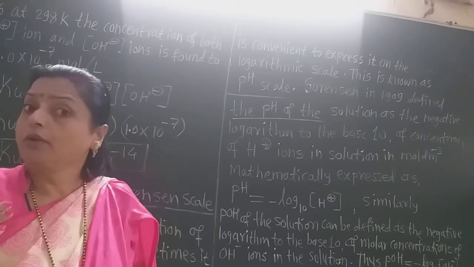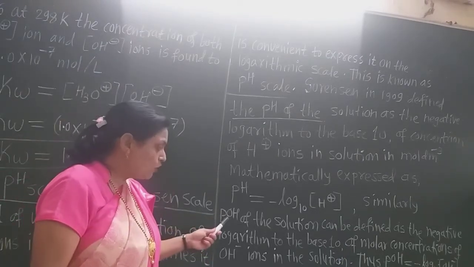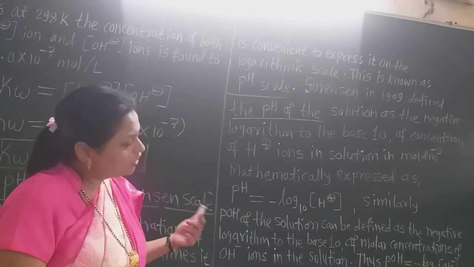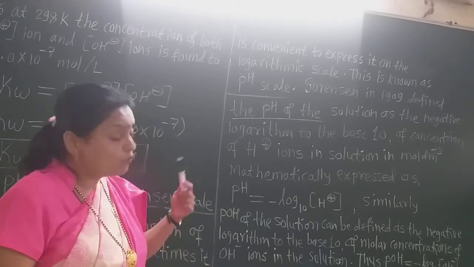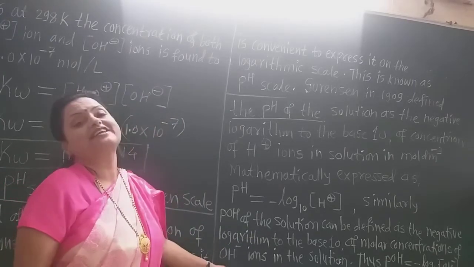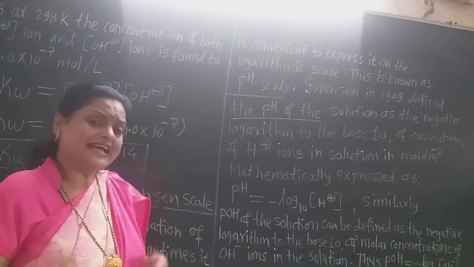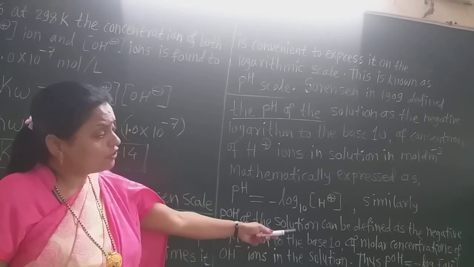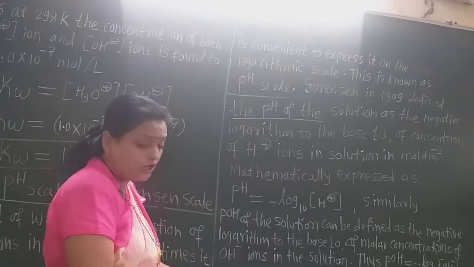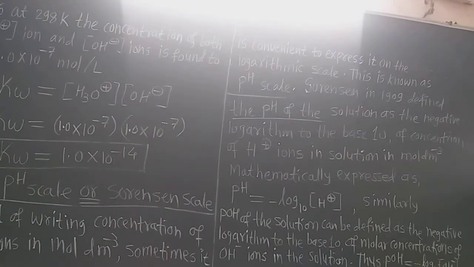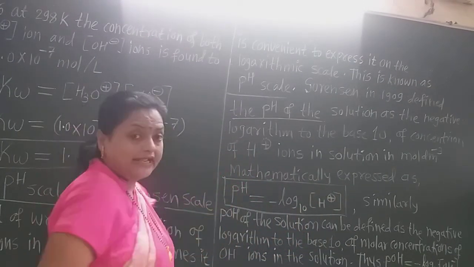Similarly, pOH of the solution can also be defined. pH is equal to minus log to the base 10 of H plus ion concentration.